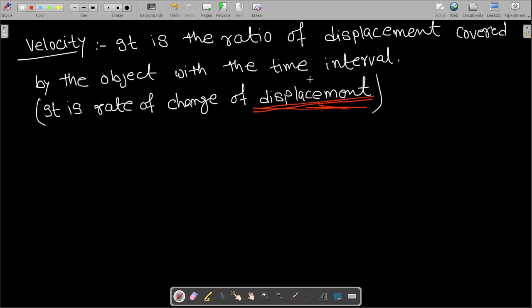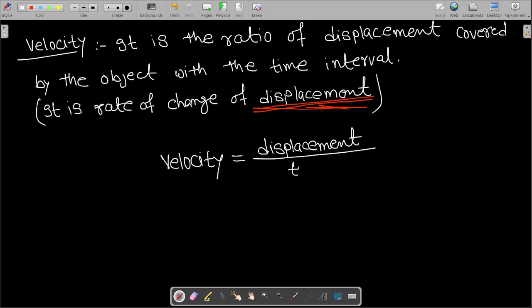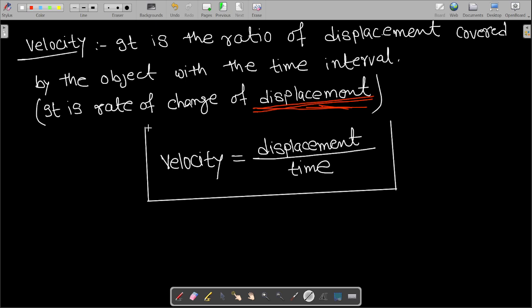And let me write it. Velocity is equal to displacement upon time.